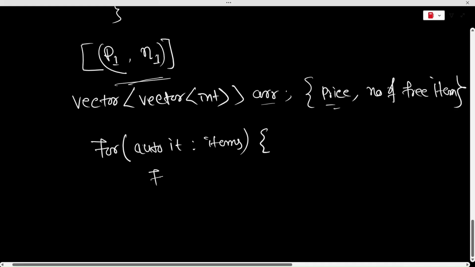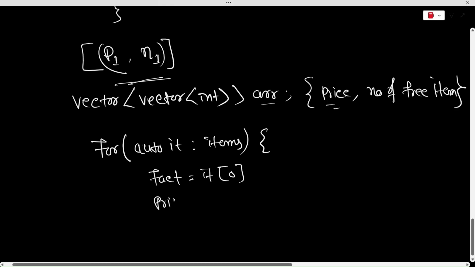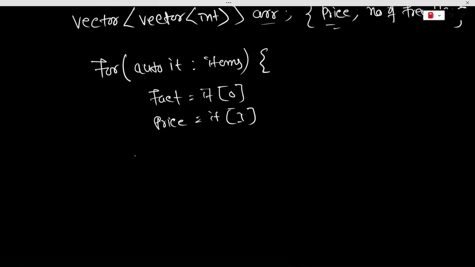Now let's check the factor over here. It will be item of 0, right? And the price over here, it of 1, right? So now how many free copies we can get? So I am naming it n1 as divisible of factor.